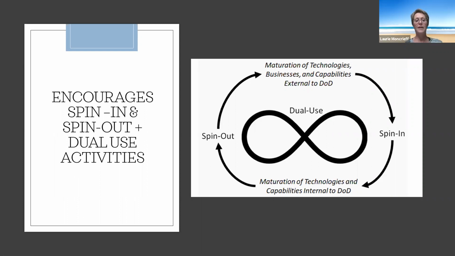And then a big thing that it emphasizes is the dual use. And that's to say that if we can structure it in a way where it encourages customers to also have commercial customers as well as government customers, they see that as a very, very good thing and want to use that tool to do that.